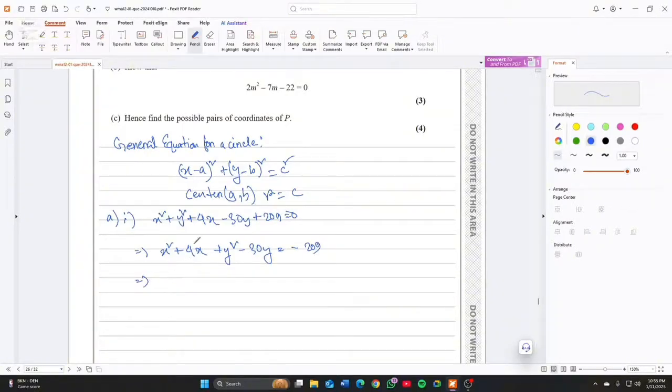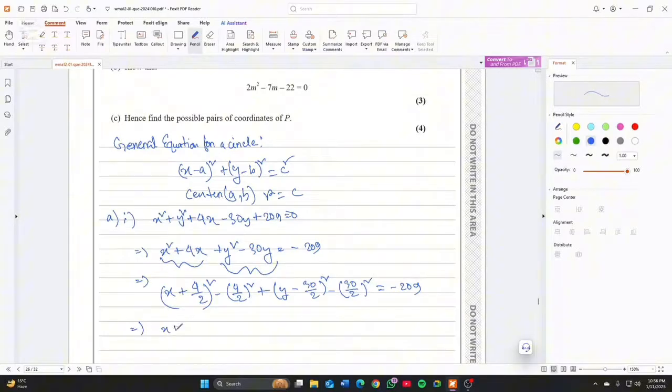Now completing the squares: x plus 4 by 2 whole squared minus 4 by 2 whole squared, plus y minus 30 by 2 whole squared minus 30 by 2 whole squared, equal to minus 209, or x plus 2 whole squared minus 4 plus y minus 15 whole squared minus 15 squared equal to minus 209.